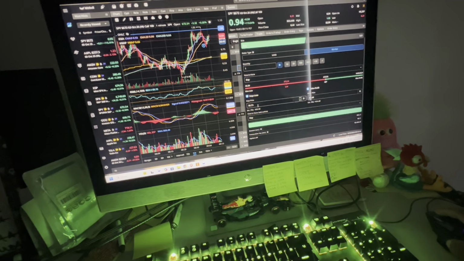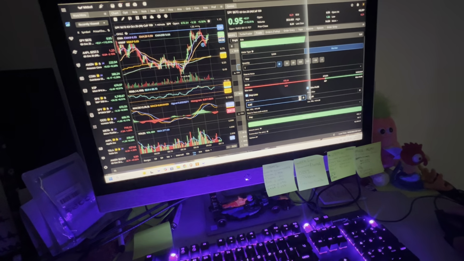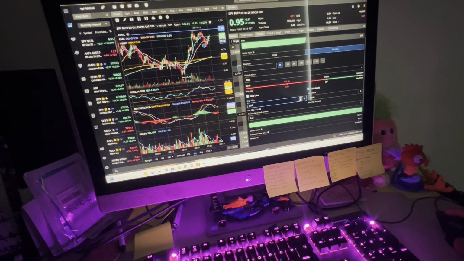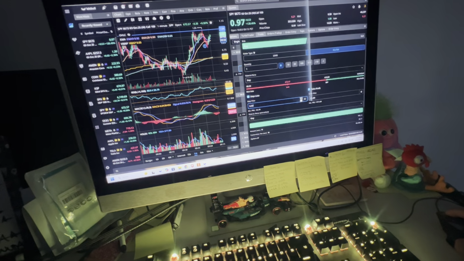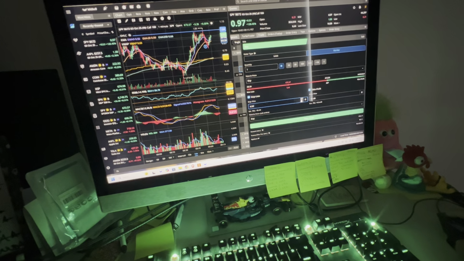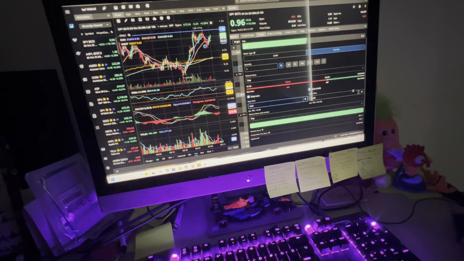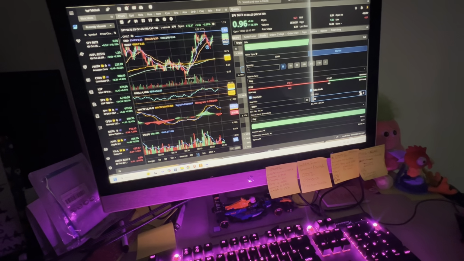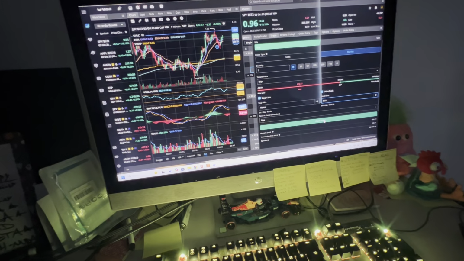My stop loss would be at 0.73. I could raise it up if I wanted to. What is it right now, 95 cents? I could raise it up to 92 cents, 93 cents, 94 cents. So if it drops below that, that's where it's going to stop me out. Take profit, say that I wanted to take profit there, and that's how you do that.